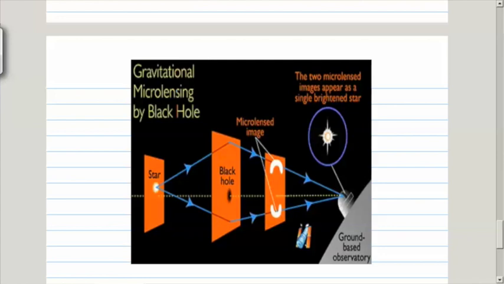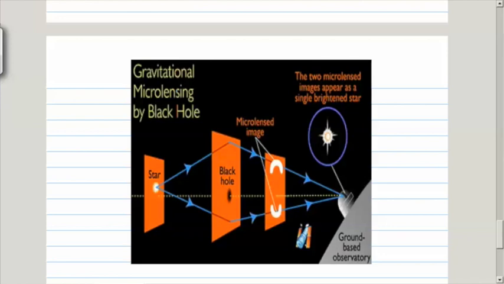Okay? So it would appear to us as if the light from this star is coming from these two directions. Moreover, the image gets smeared into these arcs. But with objects that are not of very high mass, the amount of bending is not very large.